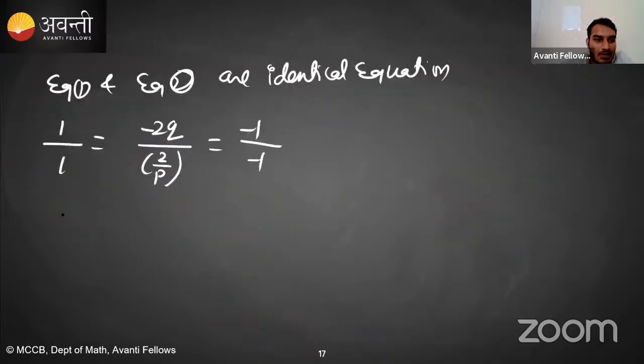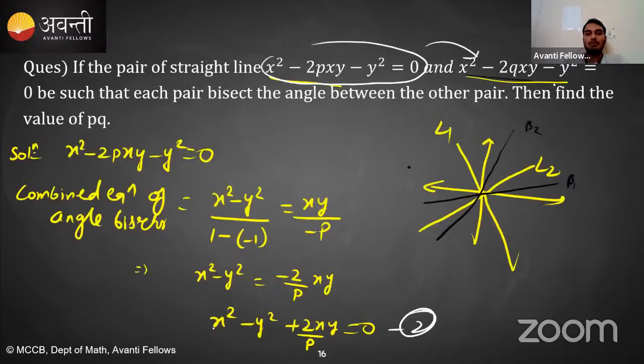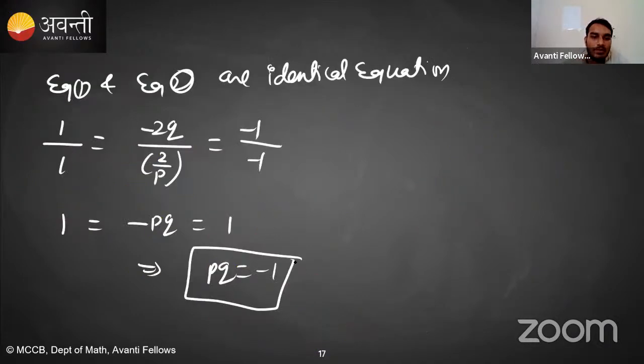So we get 1 is equal to minus pq is equal to 1. So it implies pq is equal to minus 1. The question asked us to find the value of pq, so pq is minus 1. This is your answer.